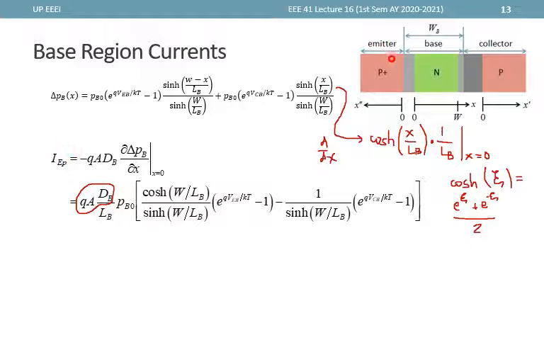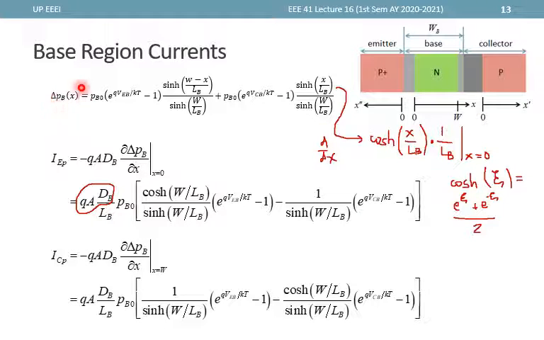So we now know IEP, which is at this point. We next get ICP, based still on this delta PB with respect to x, and this is our formula for the diffusion current evaluated at x is equal to W. So we actually use the same constants and derivative, the same thing, but evaluate at x is equal to W. So now the derivative of this is hyperbolic cosine of W minus W. So hyperbolic cosine of 0 again is just 1.